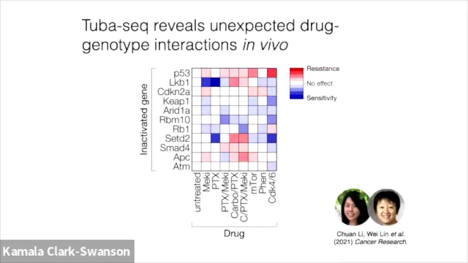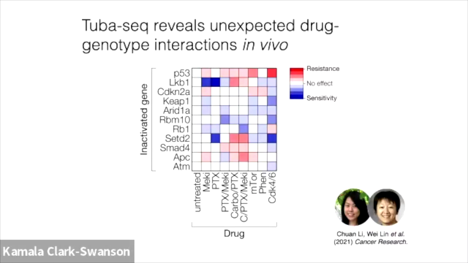We've been using this technology to look at pharmacogenomic mapping, which two talented postdocs in Monty's group, Ann Wei Lin and Chuan Li, have done, where we look at commonly prescribed pharmacological treatments or therapies, and then look at how different genetic mutations mediate these effects. We really weren't expecting to see so much heterogeneity when we first did the study.